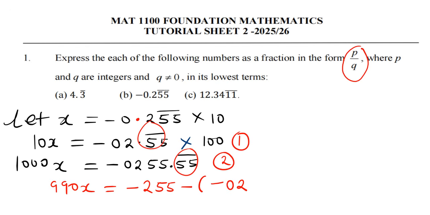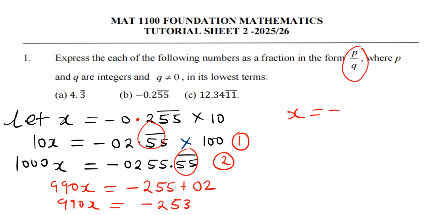Okay, now the minus and the minus are following each other, so they'll just give us a positive, so plus 2. So 990x will be equal to negative 255 plus 2, that will just give us negative 253. Therefore x will just be equal to negative 253 divided by 990.